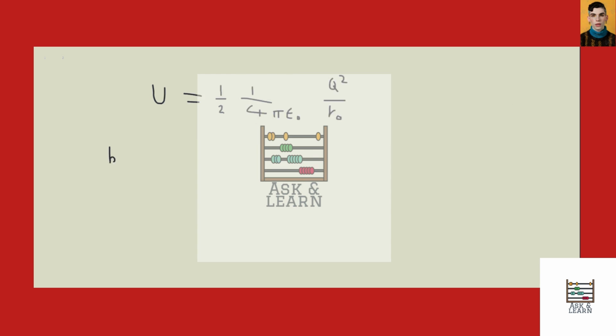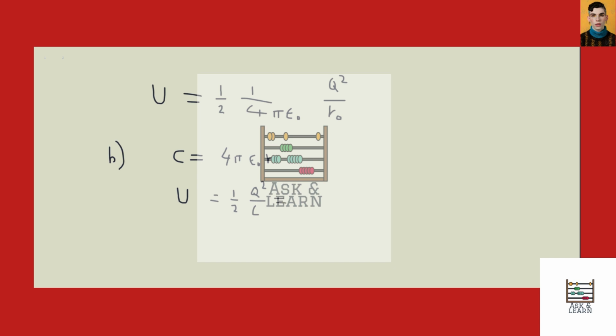Now, in the second approach, let's start with the capacitance of spherical capacitor as 4 pi epsilon naught r. And then equation 5 says u equals half q square divided by c.